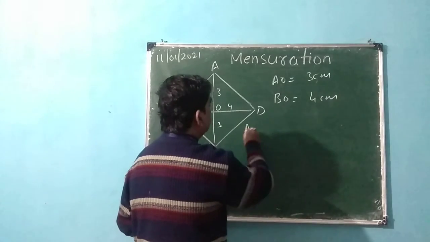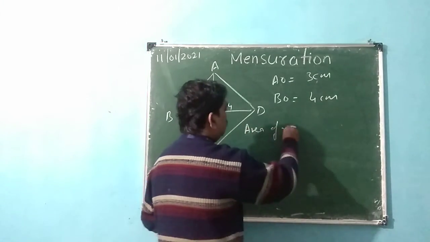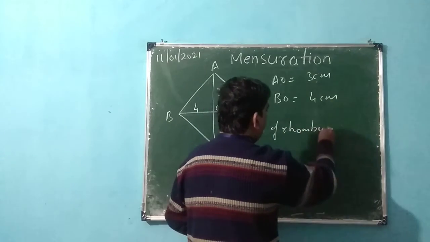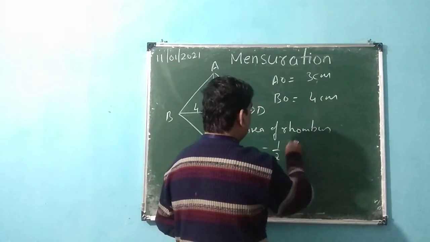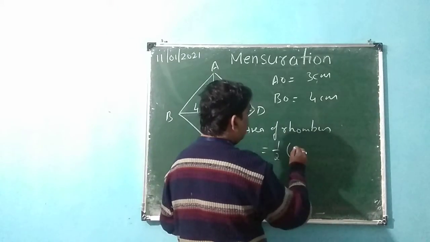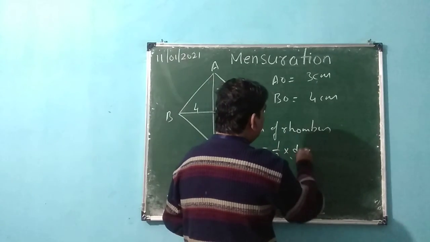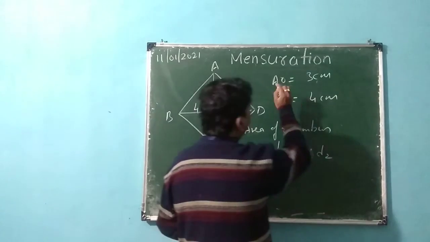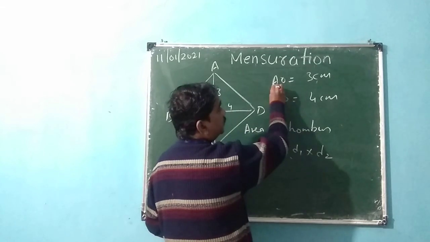So area of rhombus here will be half D1 into D2. But remember, this is not diagonal, this is half of the diagonal.